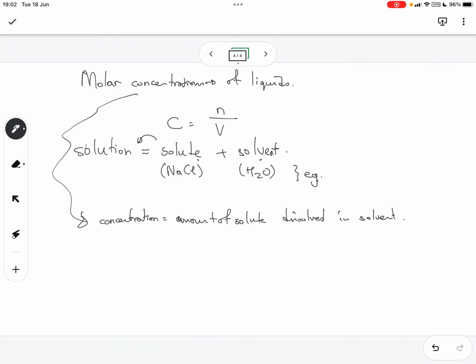All right. So that same way of thinking, we can also think about it for the molar concentration of liquids. The more we increase the solute dissolved in the solvent, the higher the concentration.